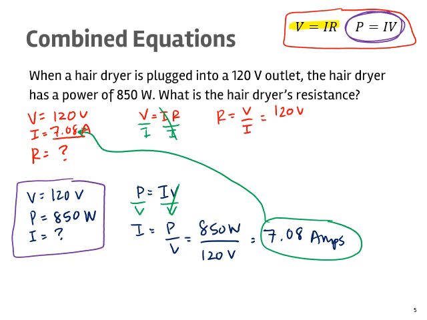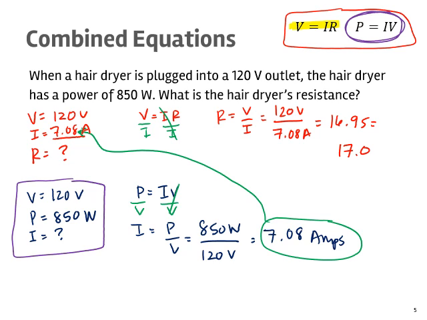We have 120 volts divided by a current of 7.08 amps. Plug this into our calculator, 120 divided by 7.08, and it's going to give us a value of 16.95, which we can just round up here and say 17.0.